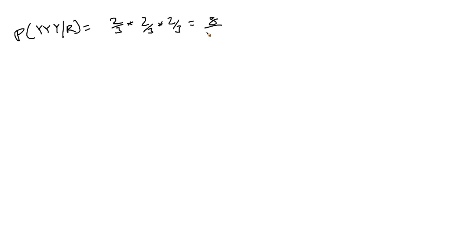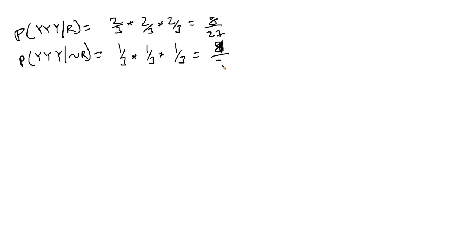It's 8 by 27, which we looked at before. And what is also given is the probability that they say yes it's raining, given it's not raining, which means they are lying, is equal to 1/3 times 1/3 times 1/3, which is 1 by 27.